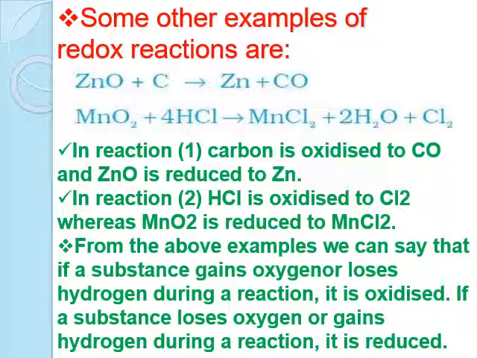We can see in the first reaction, carbon is oxidized to carbon monoxide and zinc oxide is reduced to zinc. In the second reaction, hydrochloric acid HCl is oxidized to chlorine molecule Cl2, whereas MnO2 is reduced to MnCl2, because MnO2 loses oxygen and hydrochloric acid loses hydrogen.